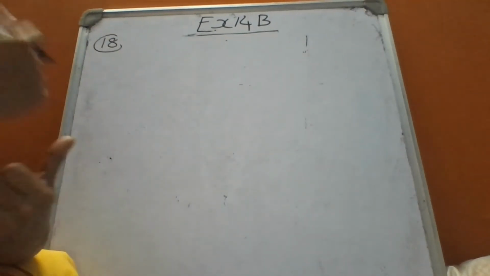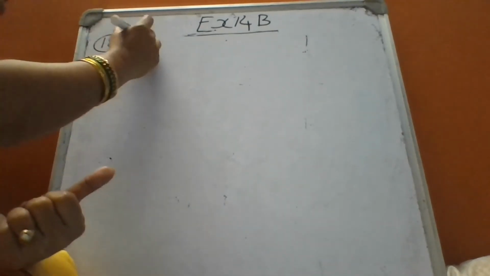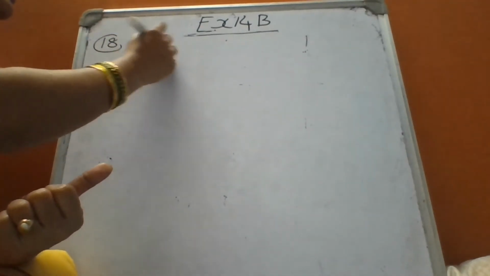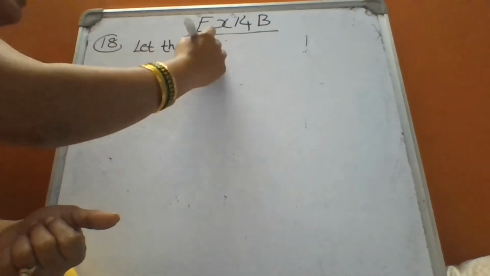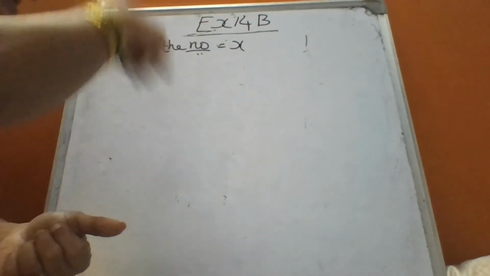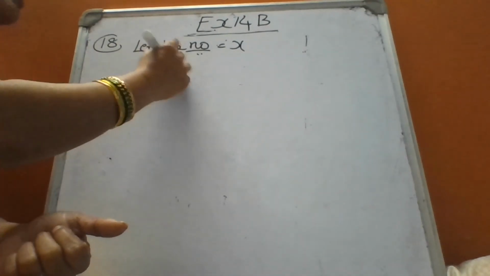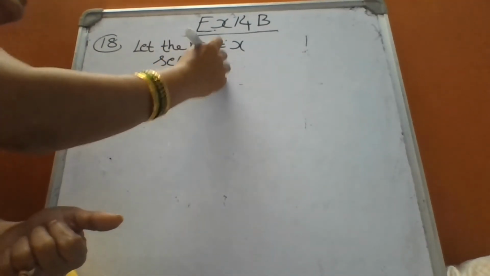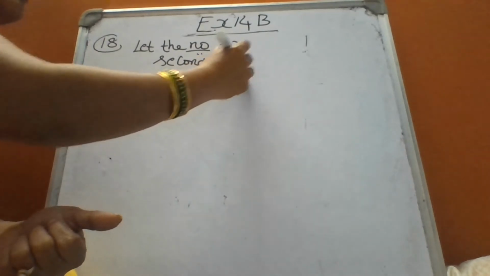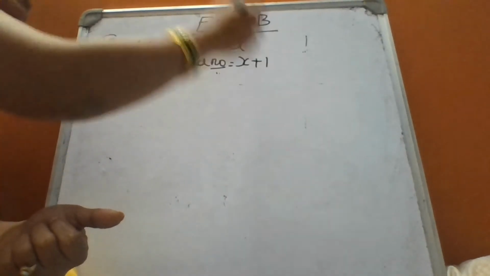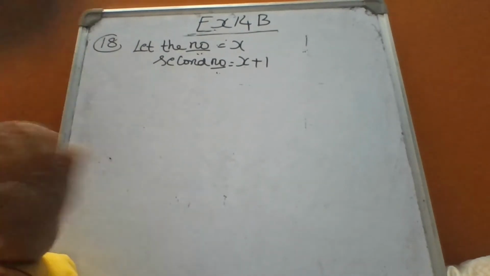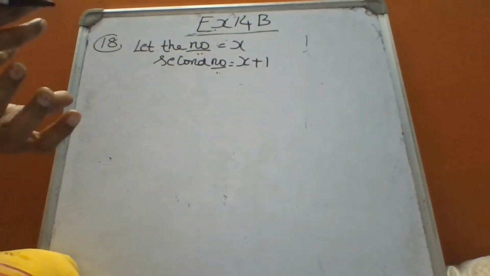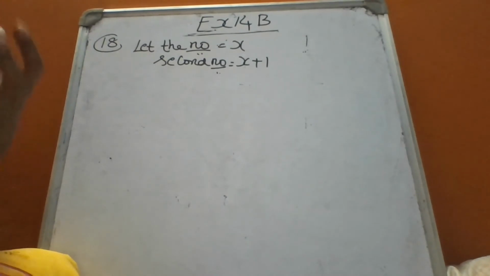So we will take the first number as, let the first number be x, and for the next second number, because it is the next number, you have to add 1 to this first number. The first number we have taken is x, the second number suppose you have 2. So if you want to get the next number, it is 2 plus 1, 3, isn't it?